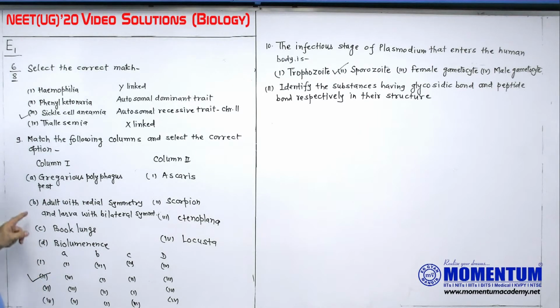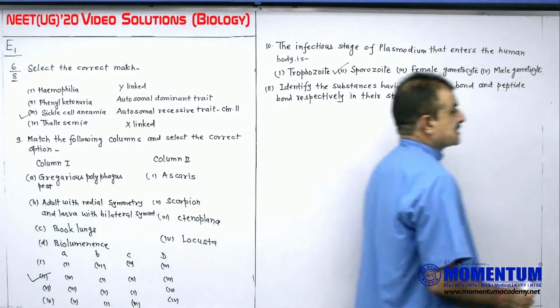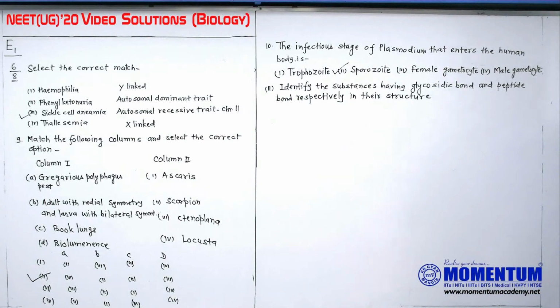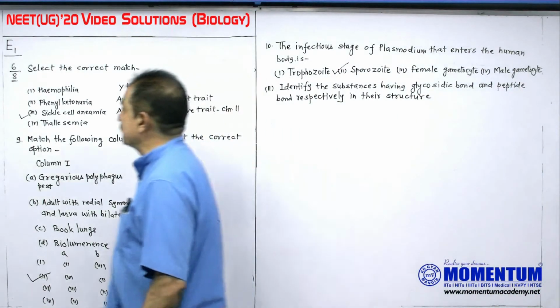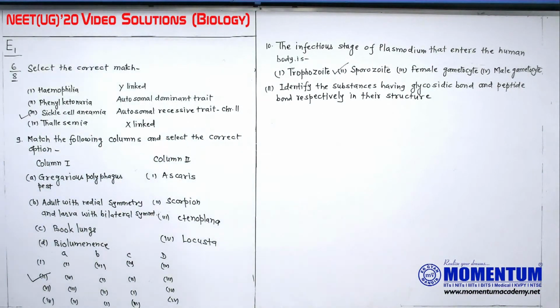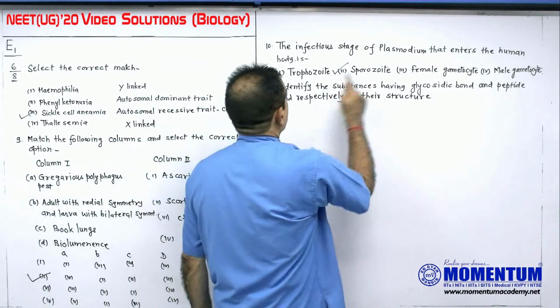And then the correct match will be 2. Then the infectious stage of Plasmodium: you know it is sporozoite.